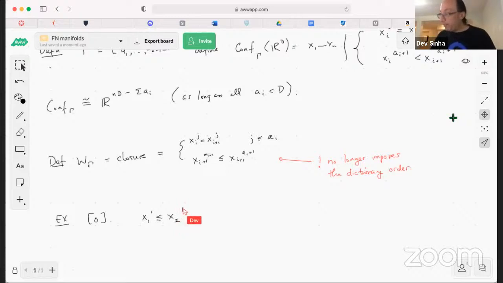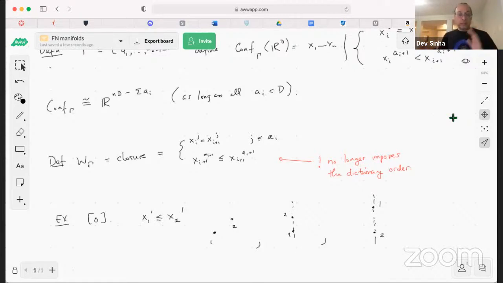And if you think about it, this is a configuration space where, let me draw some possibilities. 1 can come to the left of 2, that's fine. 1 could also be underneath 2, and that would make sense. They're still in order. But also 1 can be over 2. This violates the order, but not the condition that x_11 equals x_21. It's just that the comparison after that is not part of the game.